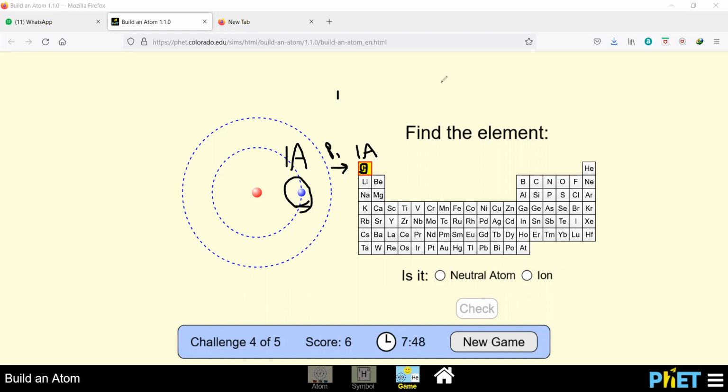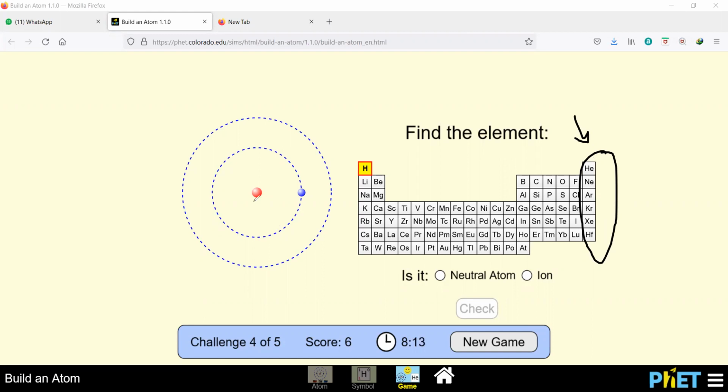Miss, but the first energy level should have 2 electrons. To be stable, yes. But all elements are not stable except for this group. Look here, this group 8 is the zero group. This is the only group that is full with electrons, 2 and 8. But all the other elements want to be like them.